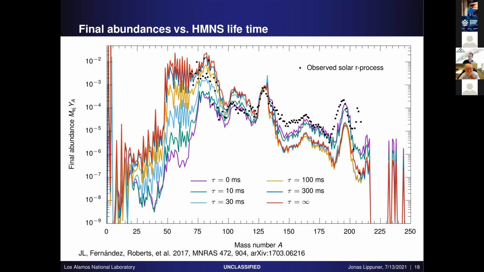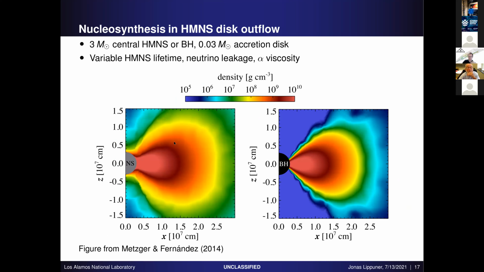Here the Ye is actually coming from the simulation. Rodrigo Fernandez ran these simulations of basically the accretion disk around the neutron star or hypermassive neutron star and later black hole. He evolved the Ye in that material and then gave me those tracer particles.